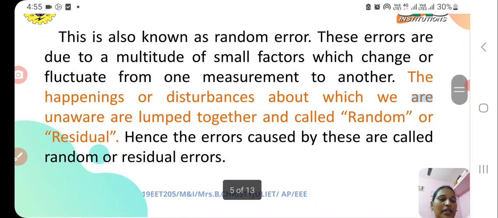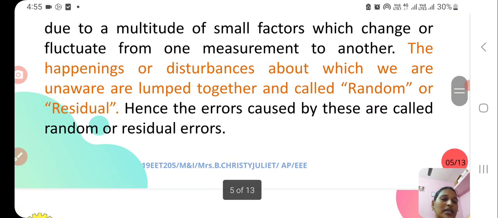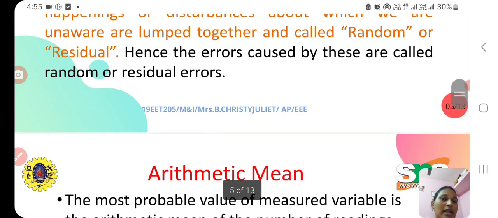The happenings or disturbances about which we are unaware, or which are lumped together, are called random or residual error. Sometimes we cannot know the actual reason behind the changes in readings. That deviation or mistake may be due to some reasons which are unknown to us. Those errors are called random errors.